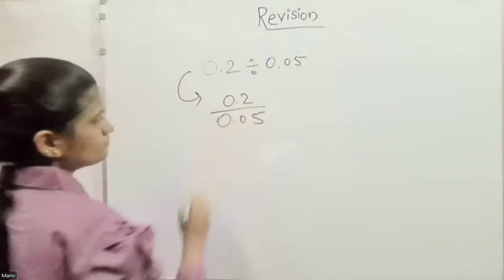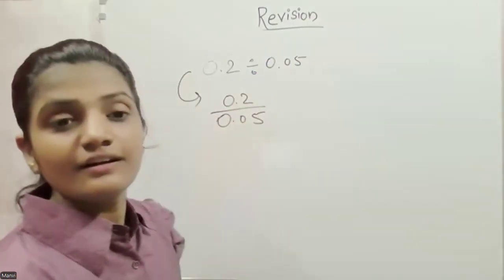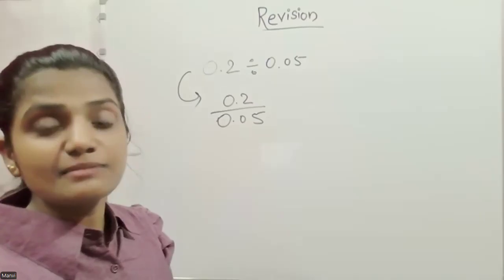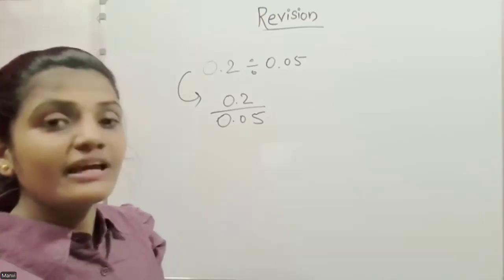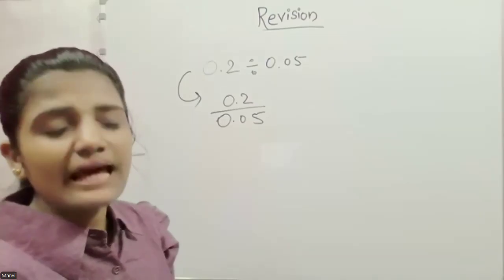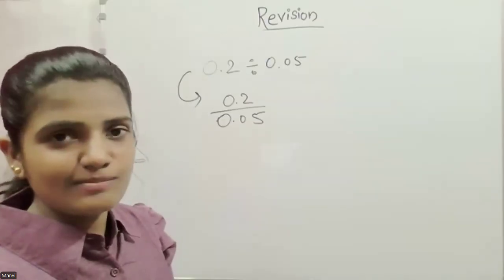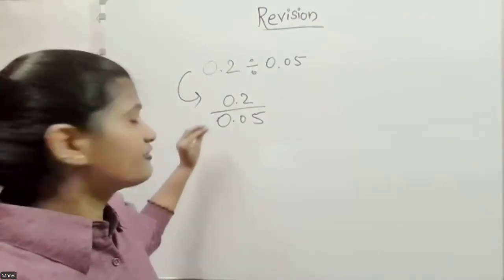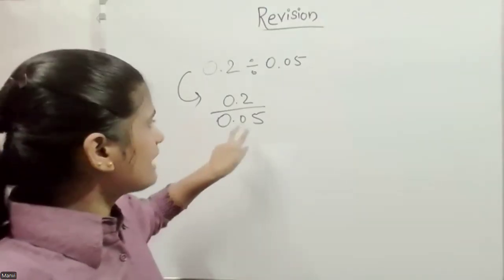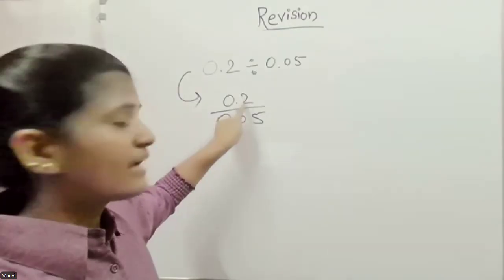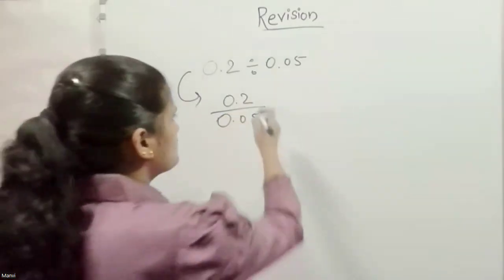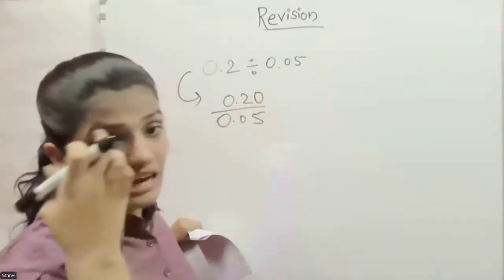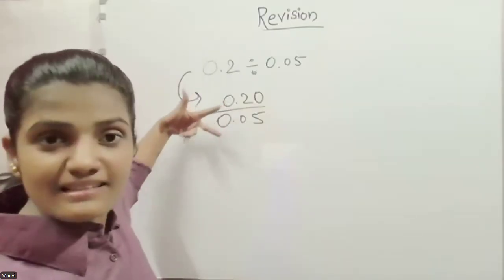Then try to make the decimal places the same. As you know, we can put as many zeros as we want after the decimal point; there's no difference in that number. So here we have two decimal places, but there we have just one. So put a 0 there. Now both numbers have the same decimal places.